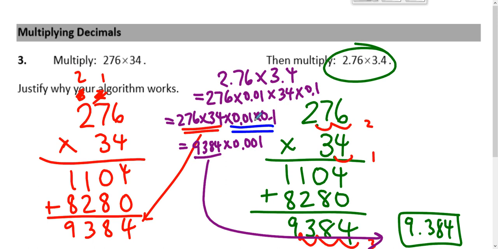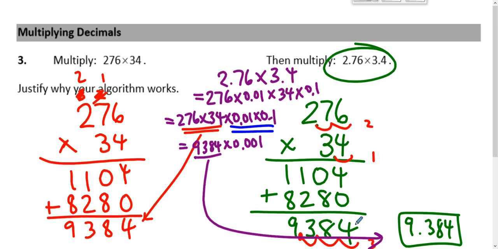So this has 10 to the power of minus 2, and this has 10 to the power of minus 1. So together that's 10 to the power of minus 3, and that's why you move the decimal point 3 places to the left. That's what's going on behind this process.